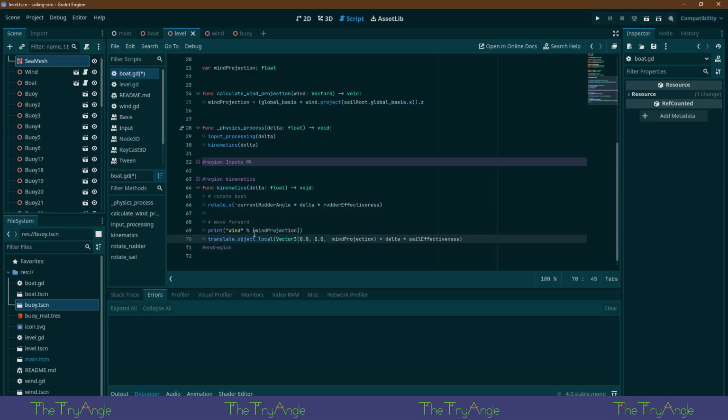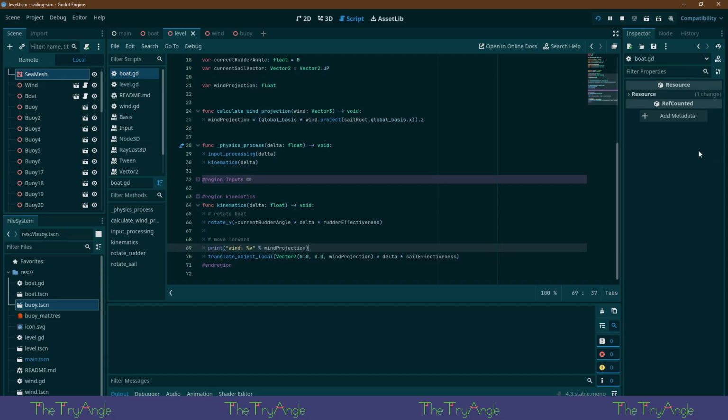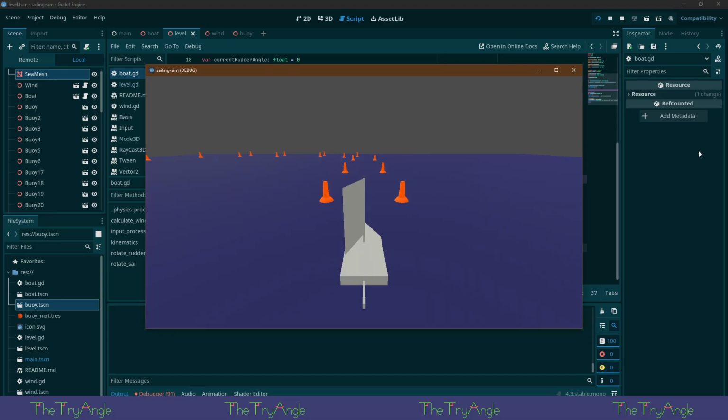Actually, we want this to be there because we want to look at it in the future. And by the future, I mean a few moments from now. So in fact, let's just run the debugger here and show you. All right.